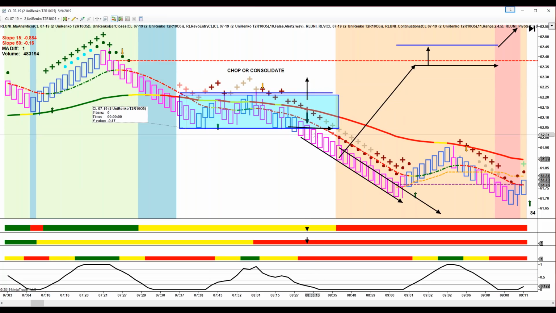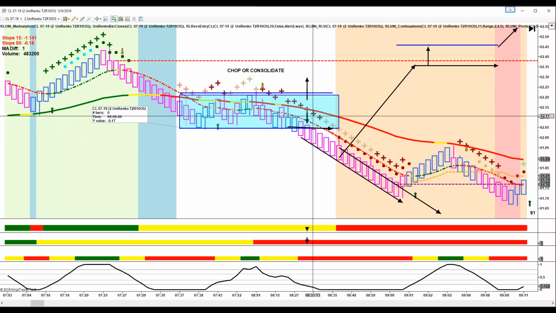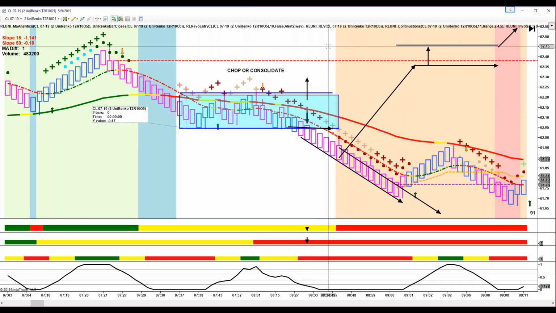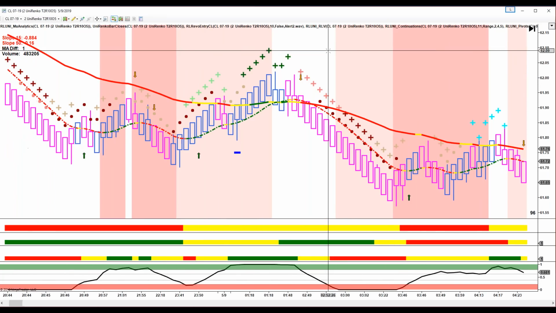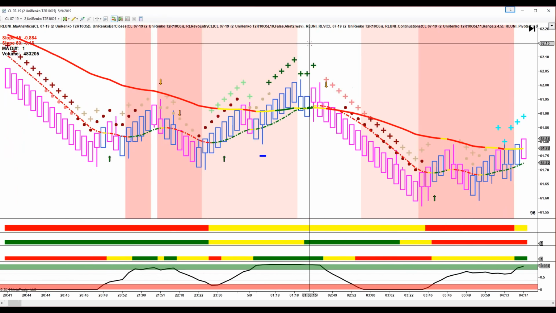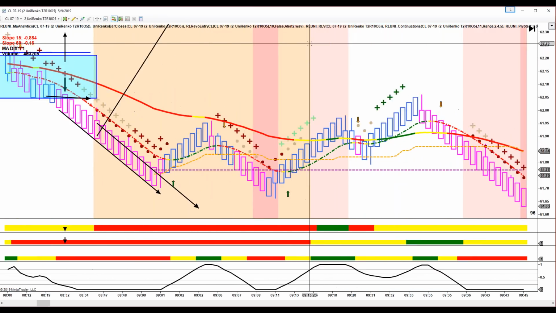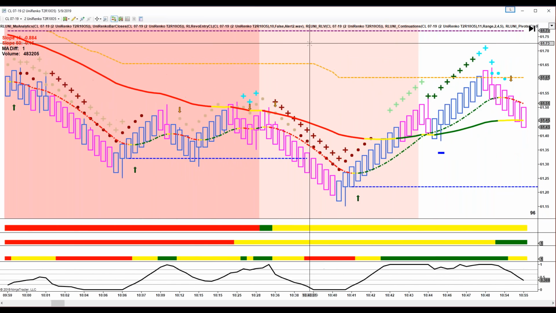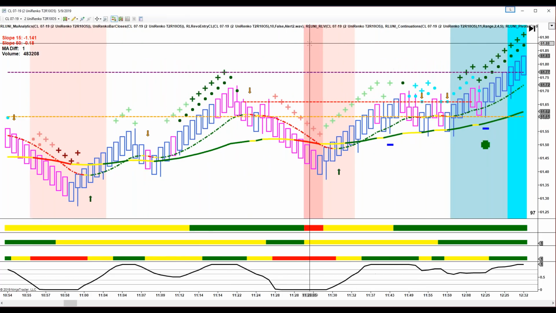So you must take it in the direction of the Laguerre: below the 50 short and above the 50 long. So we have a few rules. And I'll show you another example. Just ran out of space. It's a terrific signal. And what we're looking for are low risk, high reward entry signals.